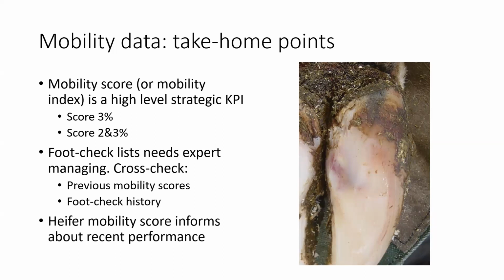And then lastly, I think filtering out the older cows so that we are looking at parity 1 animals really does enhance the power of this analysis, because we are then really looking at how things are working right now.